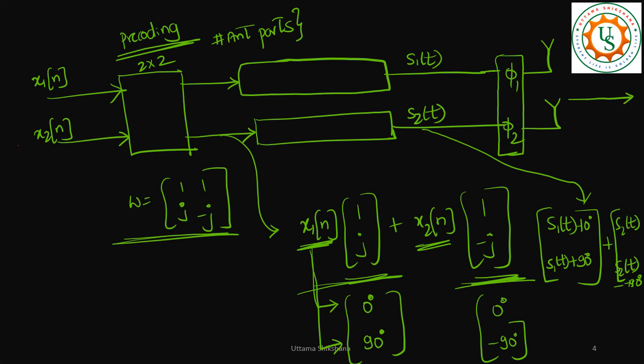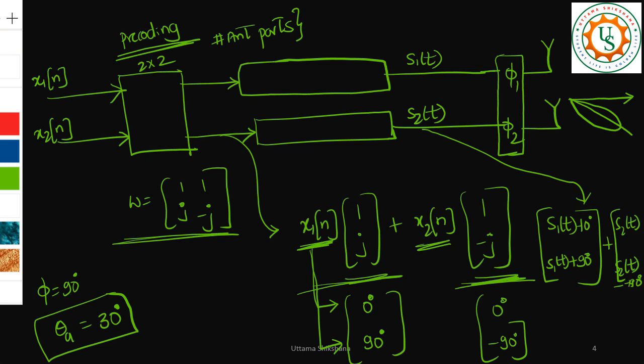We already saw in the previous video that for a phase shift of 90 degree, the direction of the beam is 30 degree. So s1 of t would form in the direction of 30 degree.